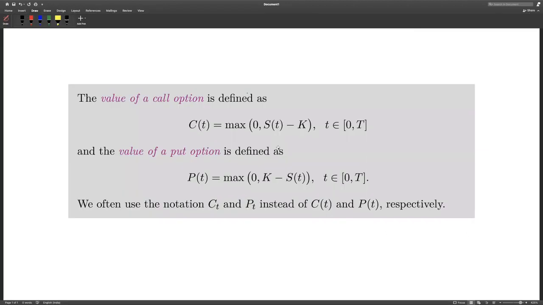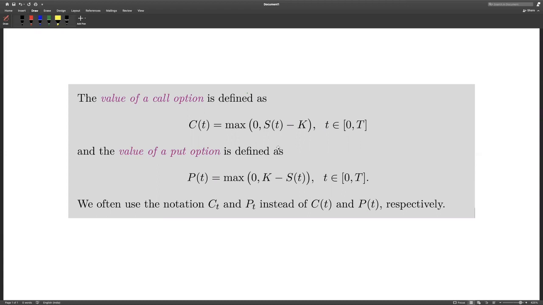The value of an option can be defined in a similar way as the payoff. Recall that the payoffs are defined at the time of expiration, whether it is at capital T in the case of a European option, or any T in the interval 0 to capital T in the case of an American option. The same idea can be adopted for a time small t, which is not necessarily an expiration time.